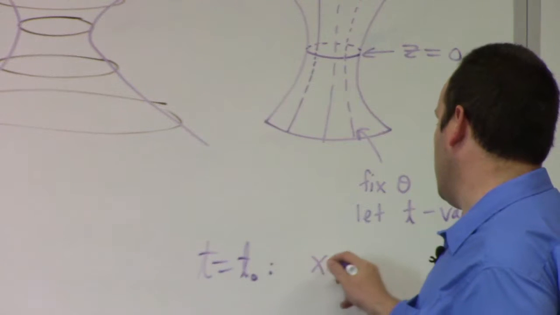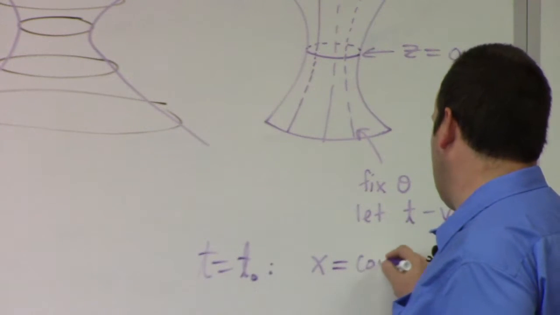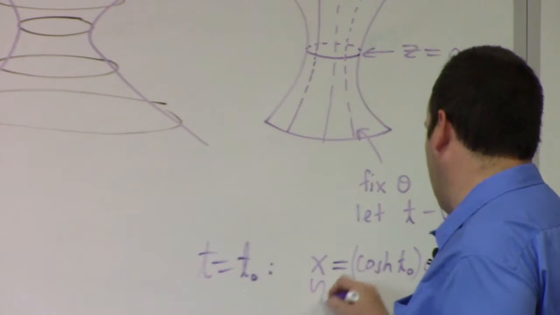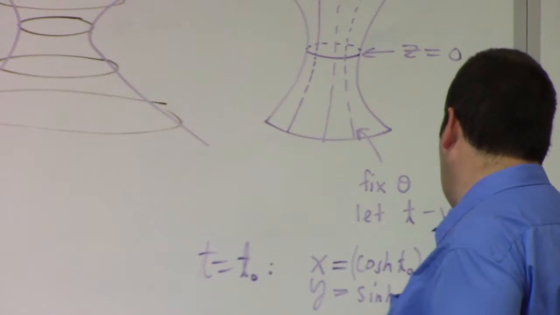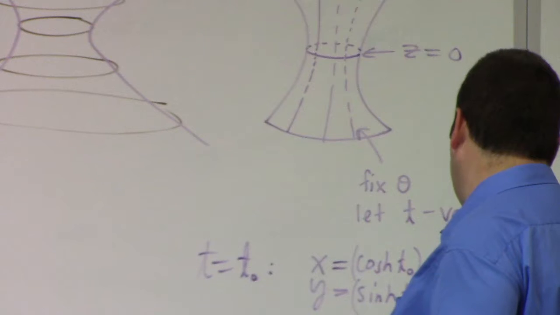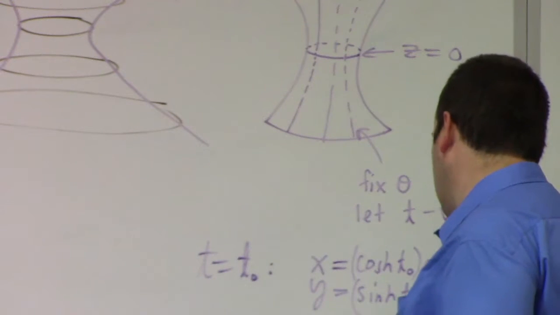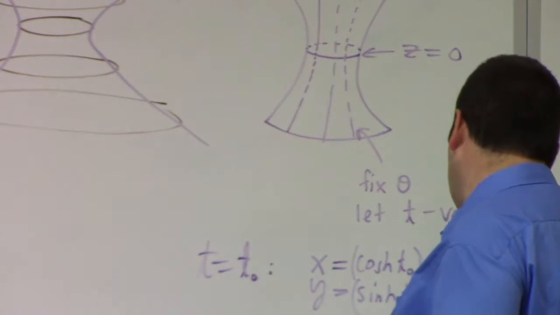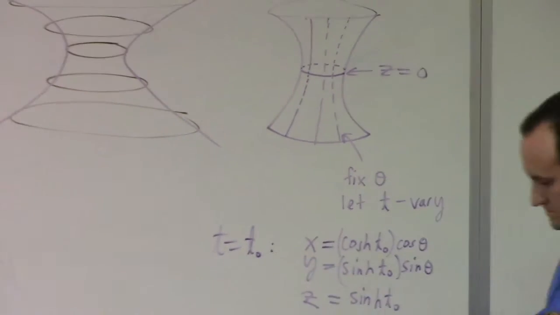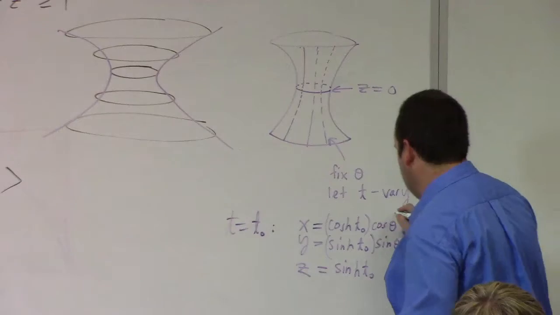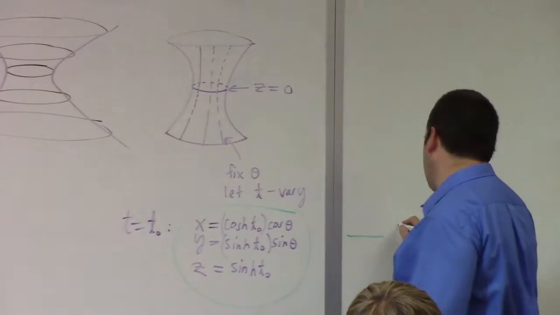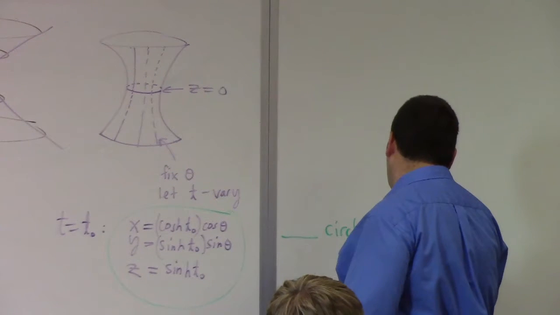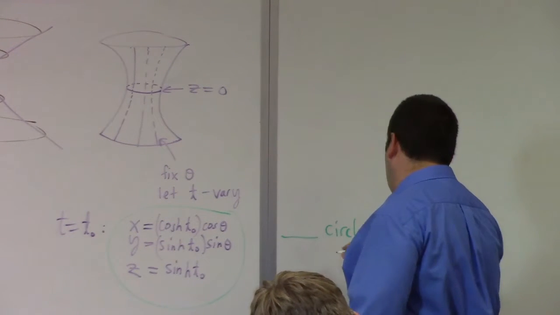Yeah, I get x is equal to cosh t naught cosine theta. y is equal to sinh of t naught sine theta. And z is equal to sinh of t naught. What is this? I submit to you that this is a circle. It's a circle in the z equals sinh t naught plane with radius what?